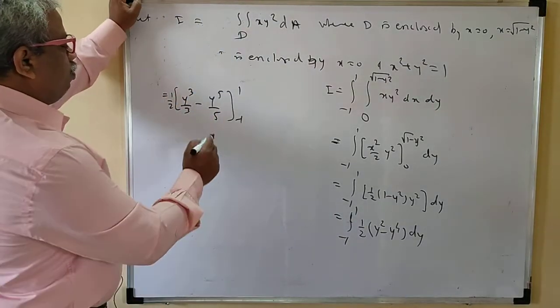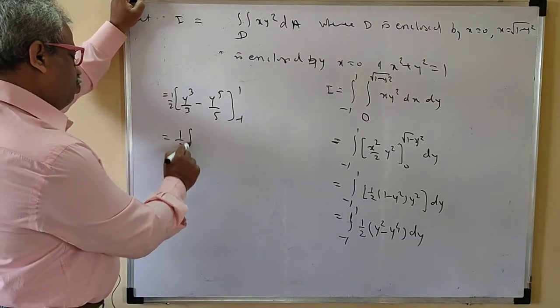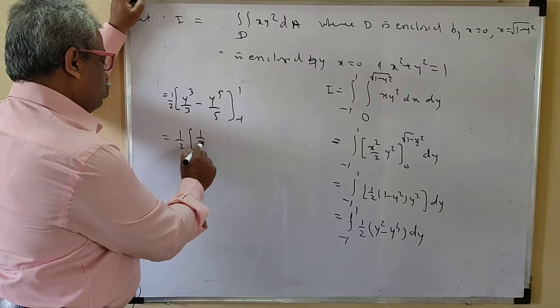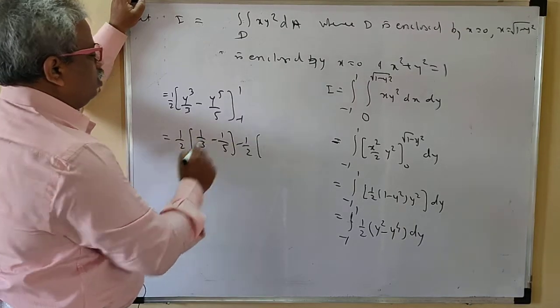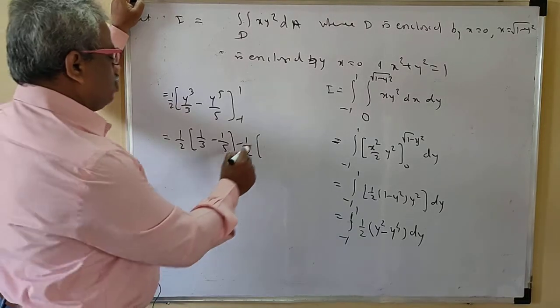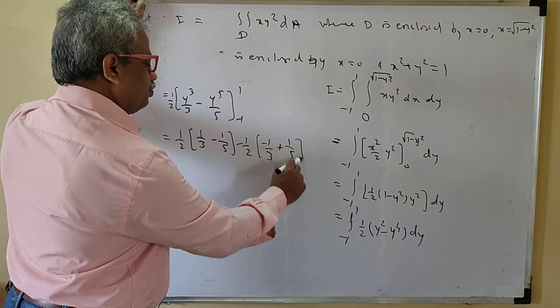Now we'll put y equal to 1 and y equal to minus 1. First y equal to 1: this is 1 by 3, 1 by 5. Then minus half, we put y equal to minus 1: this is minus 1 by 3, plus 1 by 5.